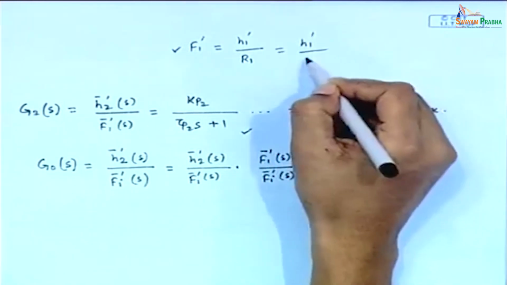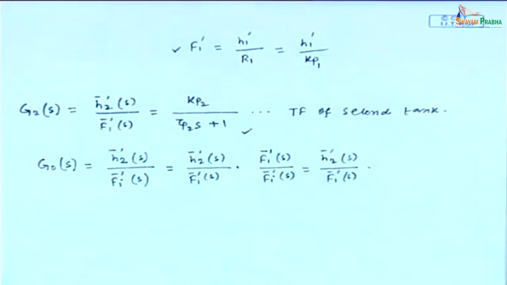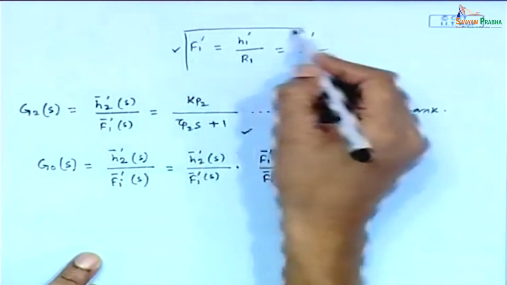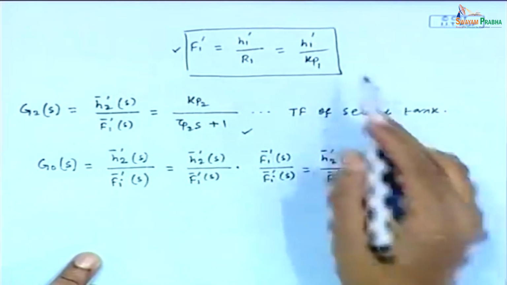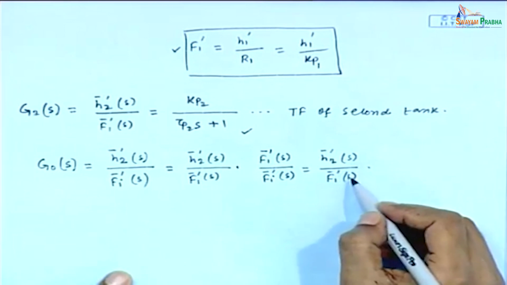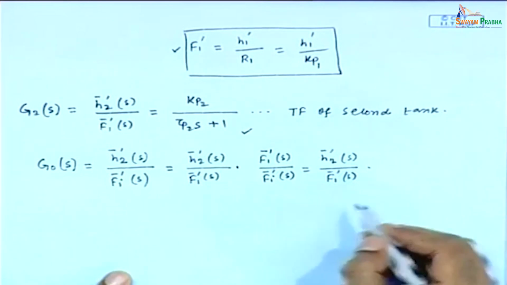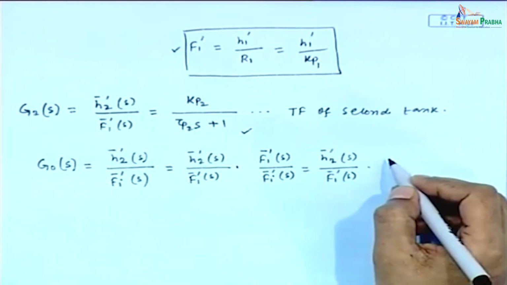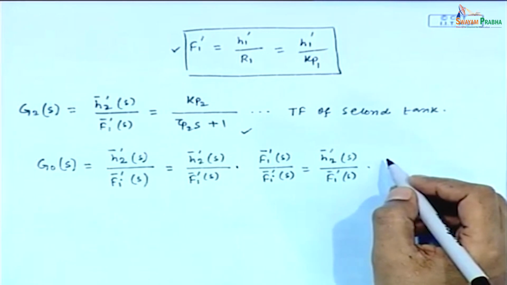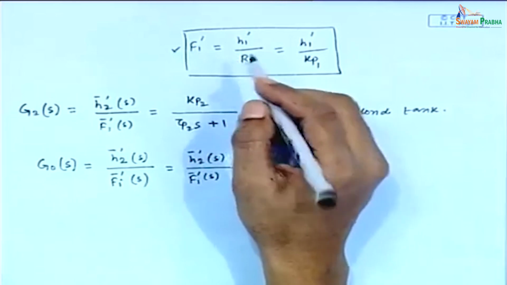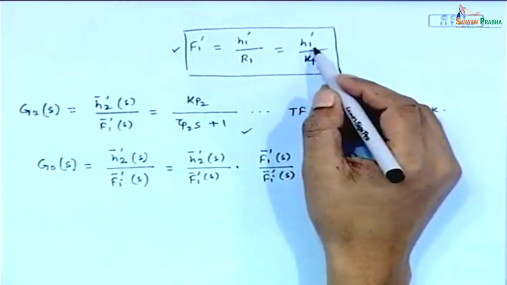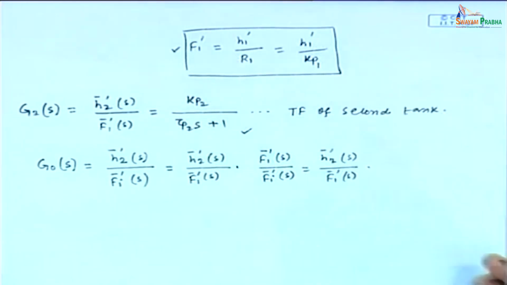That means H1 bar divided by Kp1. Can we write this? Now, this relationship we will substitute here. I mean, F1 prime, this is not bar, sorry, prime, F1 prime equals H1 prime divided by Kp1.